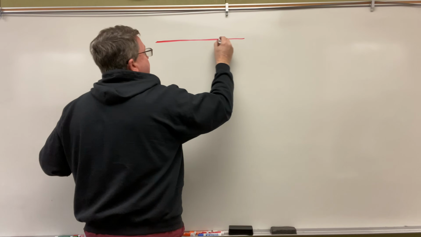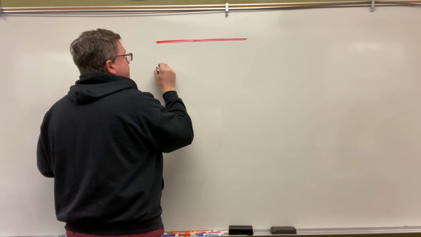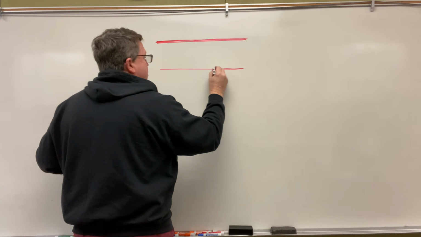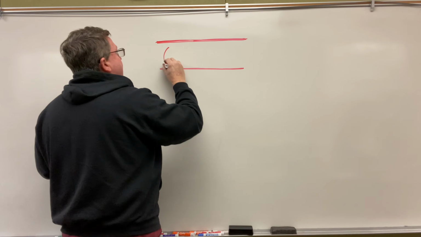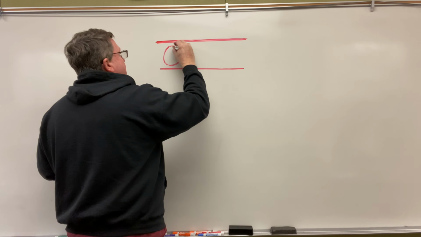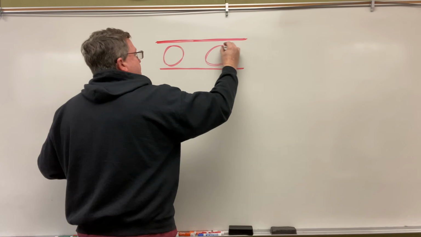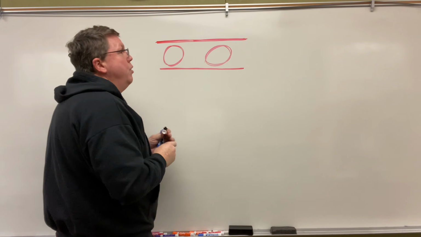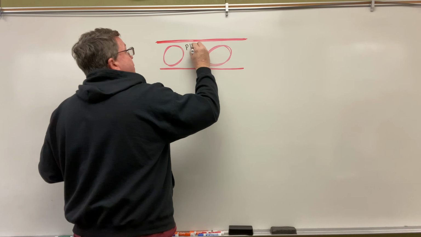This is my bloodstream here, okay? This is my endothelium right here in the cardiovascular system. These are my red blood cells inside of it, right? Here's a red blood cell, and there's a red blood cell. The water part of blood is called plasma.